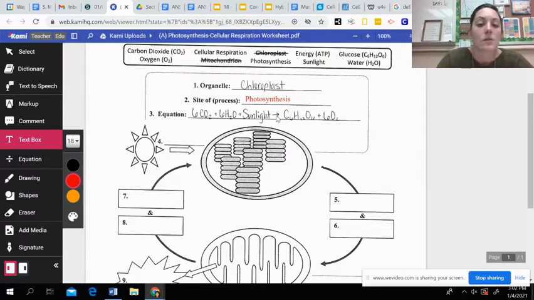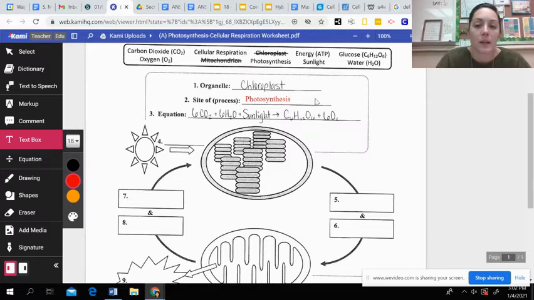And it produces, so this arrow represents what it produced or what it's a result of, this C6H12O6, which is the glucose molecule, and it also produces 6 oxygen molecules. So that is important. If we go down to this 5 and 6 box, this whole process in this little chloroplast here is photosynthesis. So it produces that glucose and that oxygen.